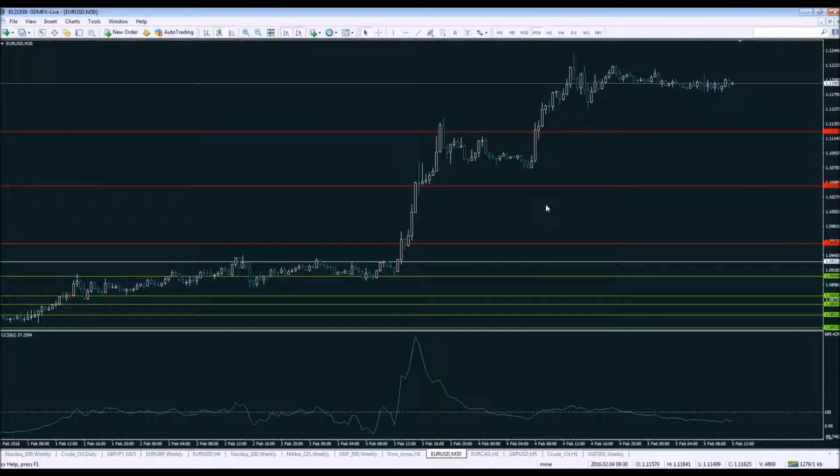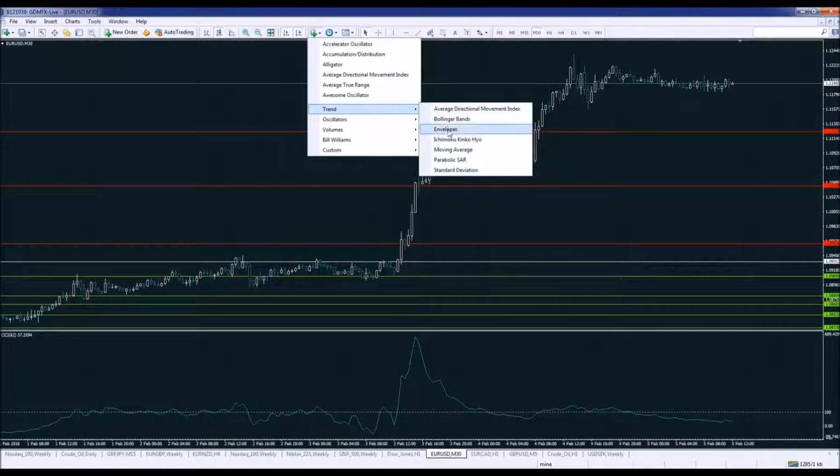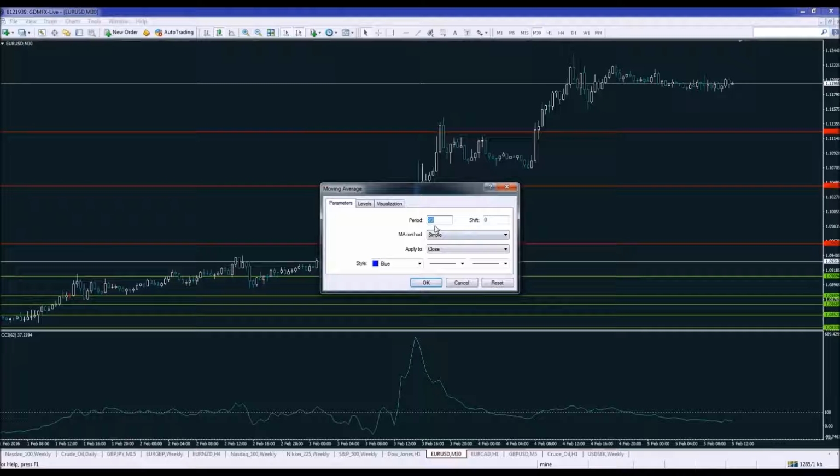Starting first, we will set only 2 moving averages, as I mentioned. Of course, they are again exponential moving averages. So let's go ahead and just place them in.